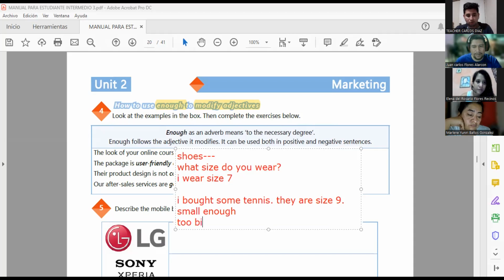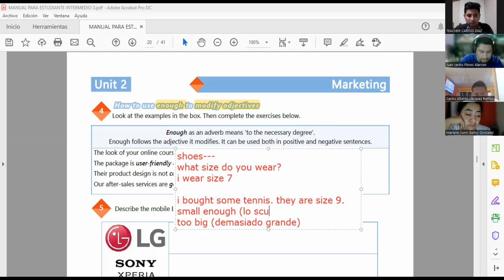Remember, the other one is too big. Too big. Demasiado grande. And what is a small enough? What is the meaning? Small enough. Demasiado pequeño.